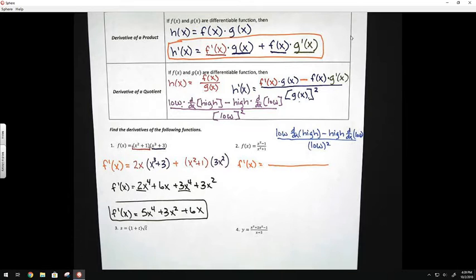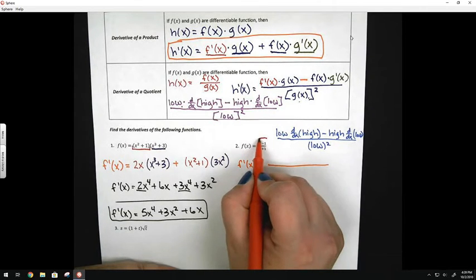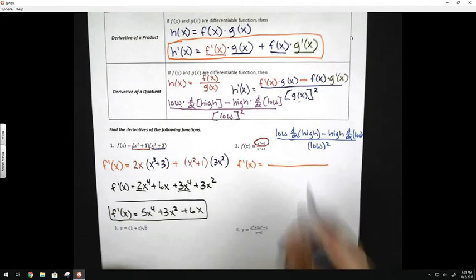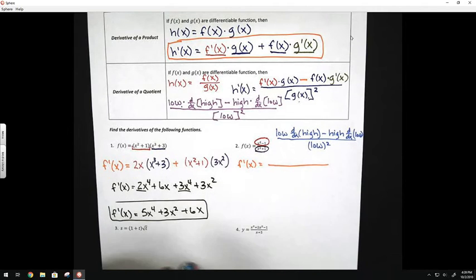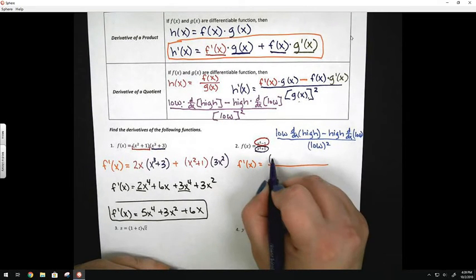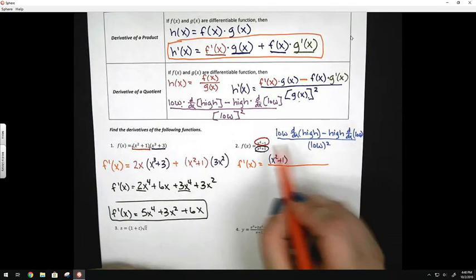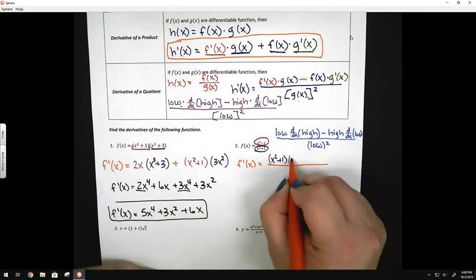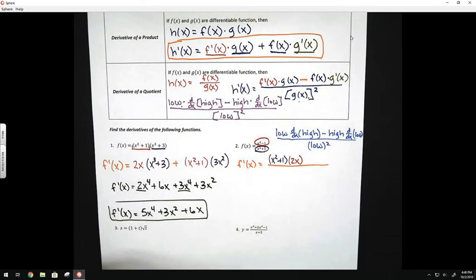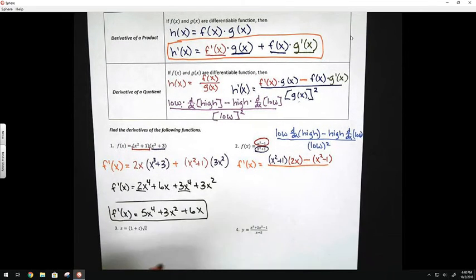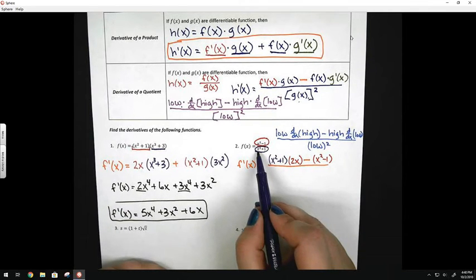So my top function, my high function, is this x squared minus 1. And my low function is x squared plus 1. So low, which is x squared plus 1, d high means take the derivative of the high. So x squared minus 1, that derivative is 2x. Minus the high, which is x squared minus 1, times d low, so the derivative of the bottom, which is 2x.